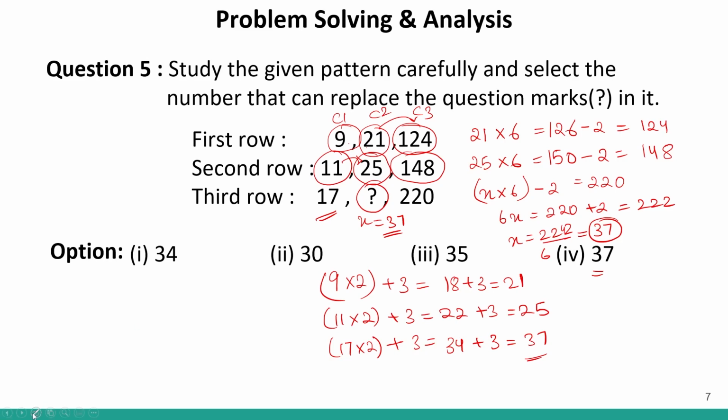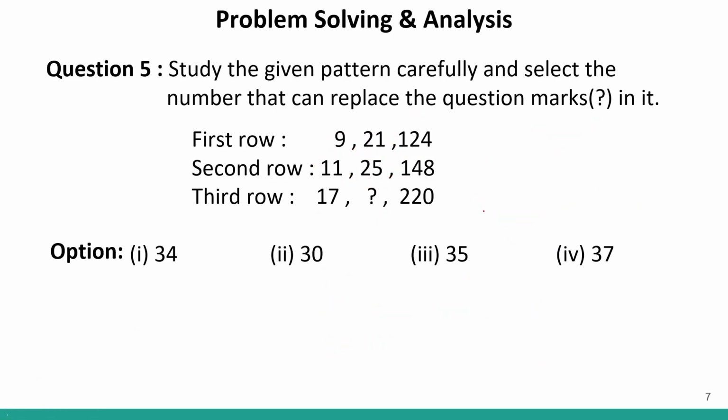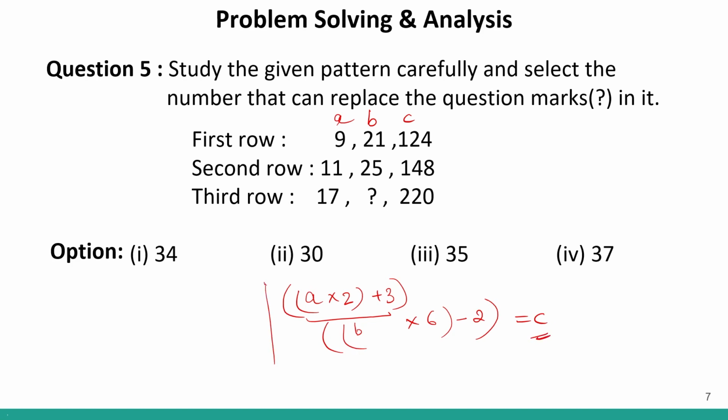Now if I want to write a formula for this question, I can write it like this. If this is A, this is B, this is C, I can say that A into 2 plus 3 gave me B, and then we multiplied B by 6 and subtracted 2, and this gave me C. This is actually a very complicated way to present things, right?